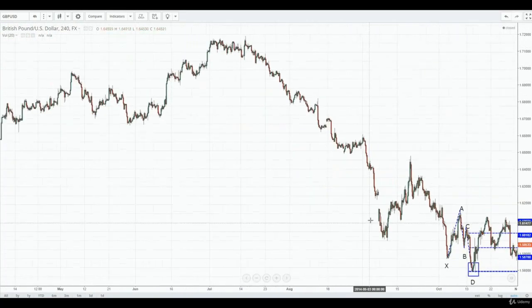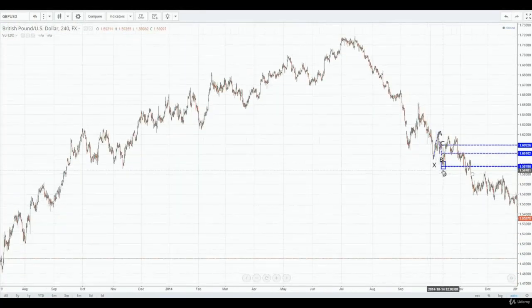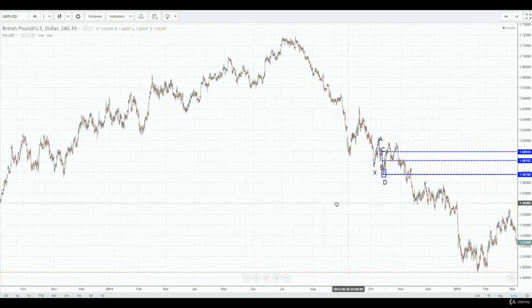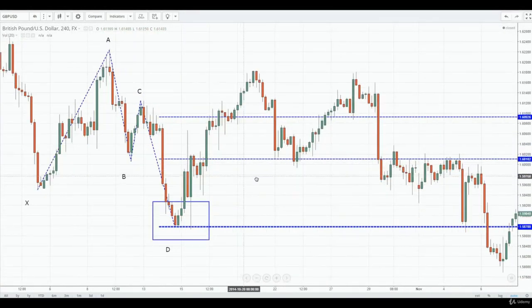So you can see that we hadn't touched this area for an extended period of time. But if you go left, you will see that there is structure, an extended price structure that it bounced off and went up. So this gives me a little bit more confirmation on this extension pattern that this could be an area that we could see a rally out of.